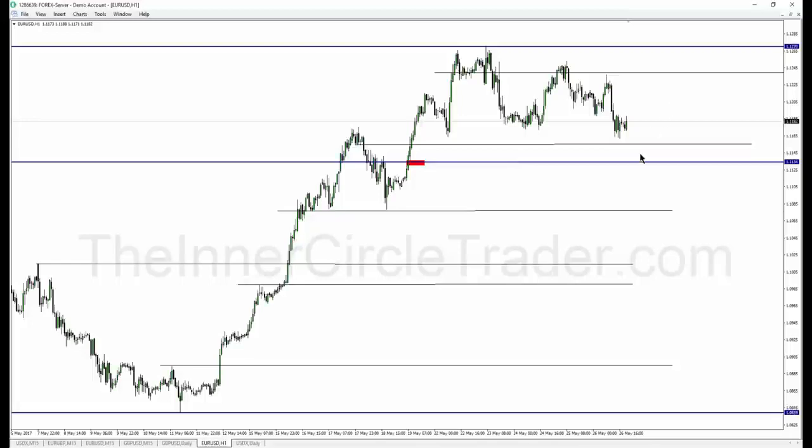But what day of the week does it hit that level? Consider your weekly templates. If we're looking for the reasons to justify a continuation of the bullishness on the daily, which is always the case, we're looking for daily institutional order flow to give us our directional bias.